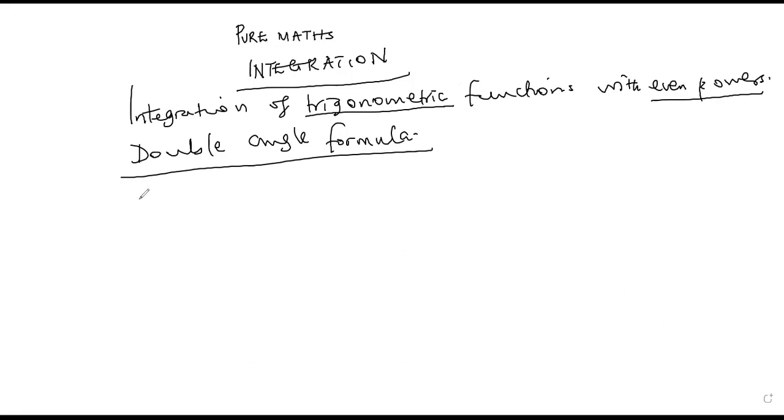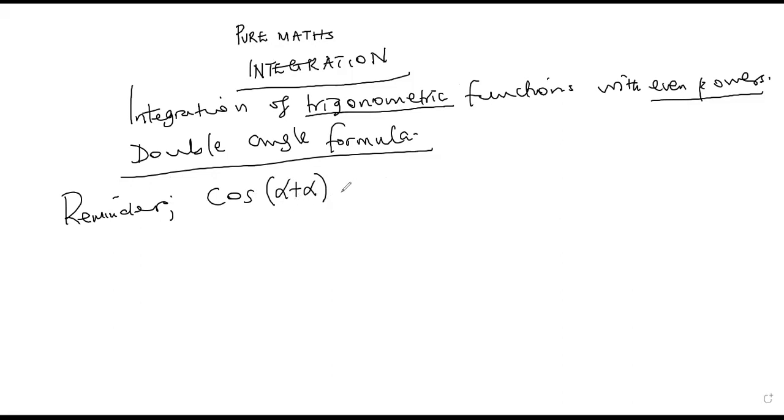Let's remind ourselves: if we have cosine of alpha plus alpha, the fact that I'm talking about a double angle means that if my angle is alpha, its double is 2 alpha, which is alpha plus alpha.